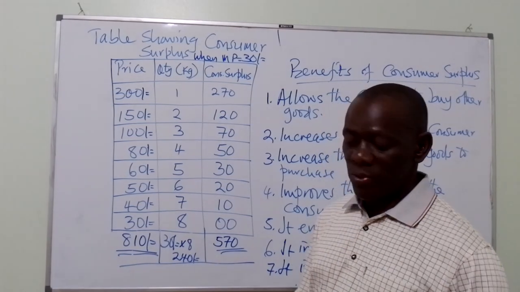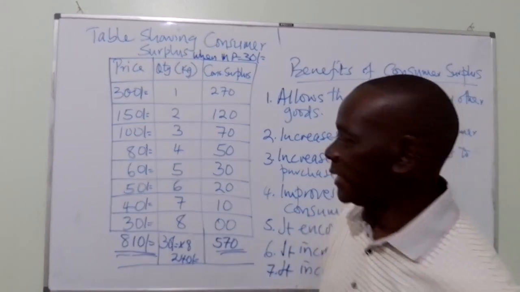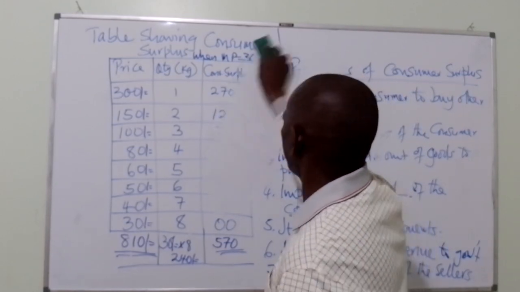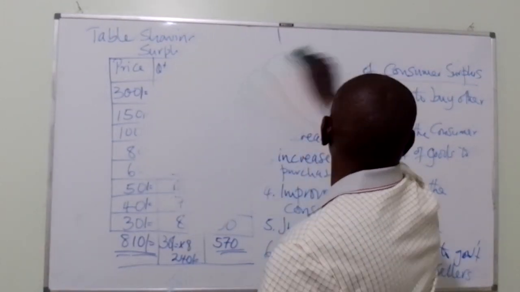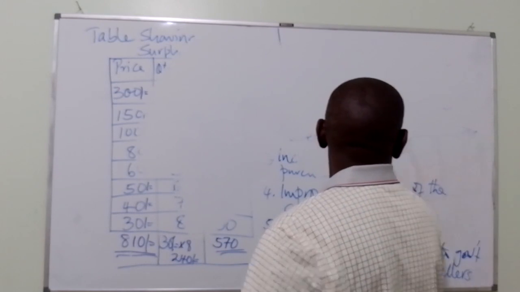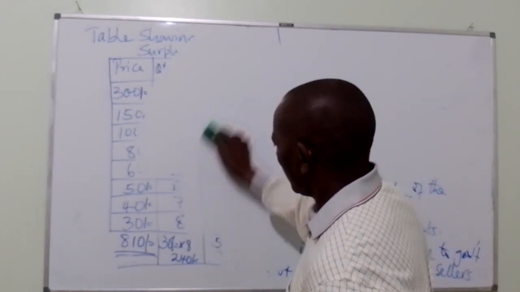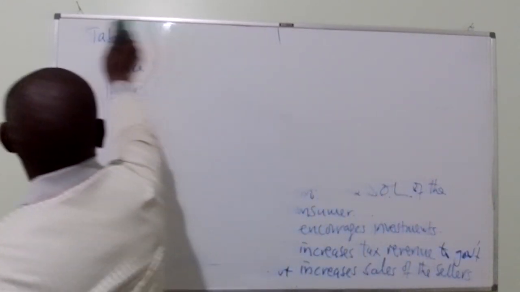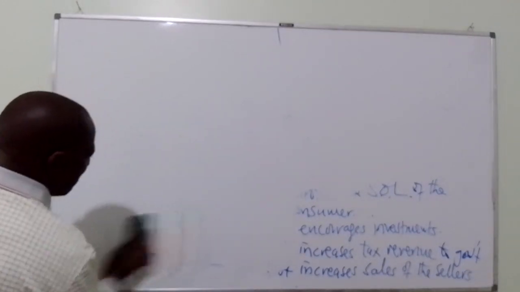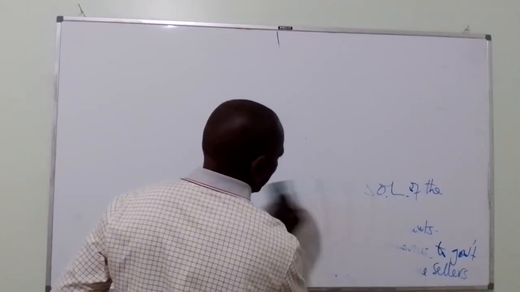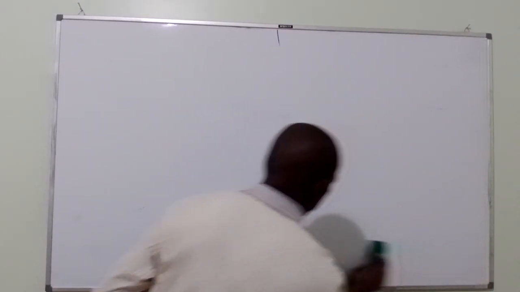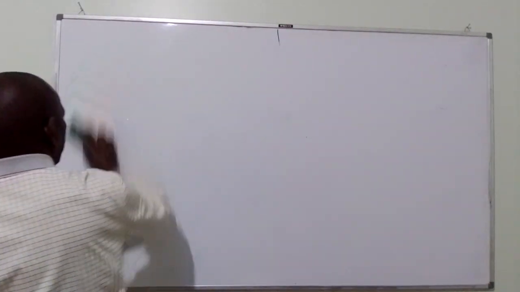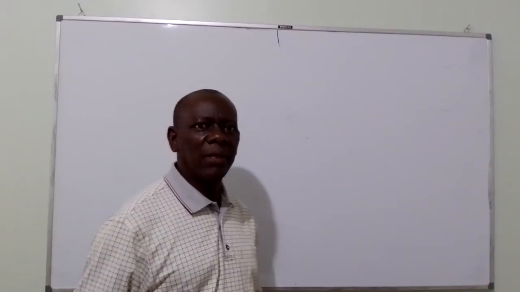That is what we are going for in the next consideration. We are still under price theory, and in price theory, we are still looking at demand. Why is the demand curve moving downwards from left to right?